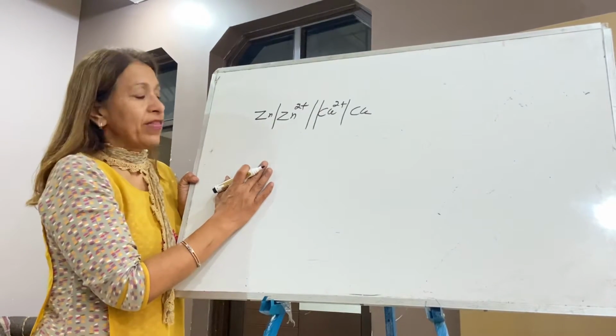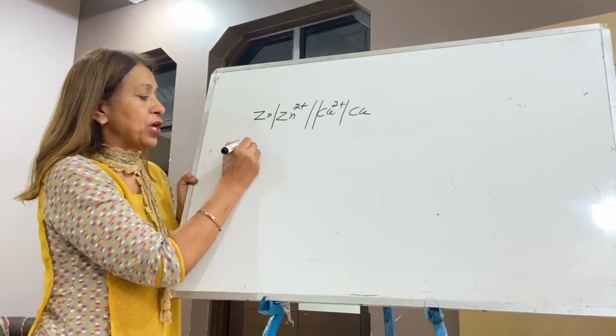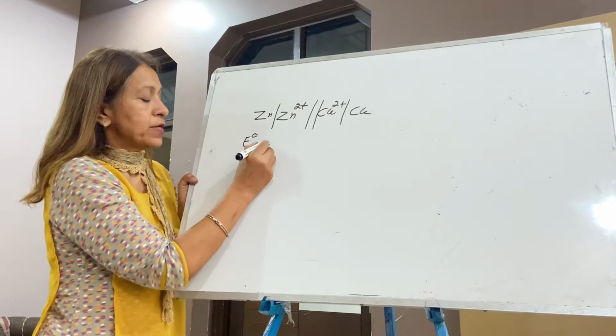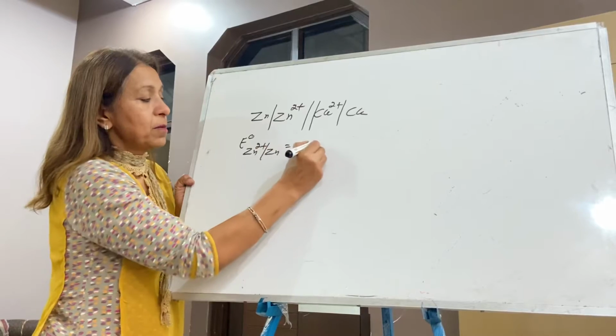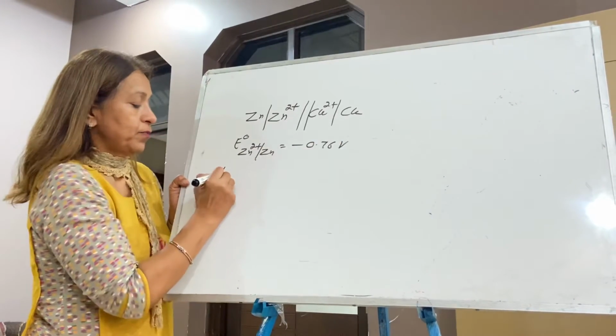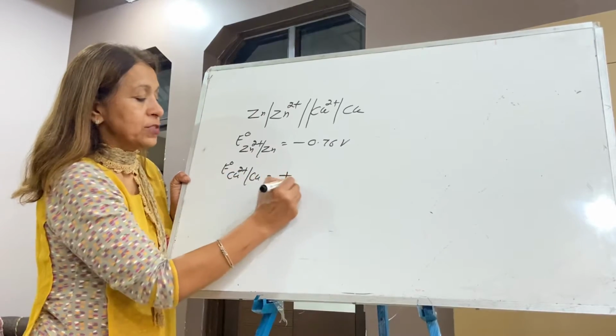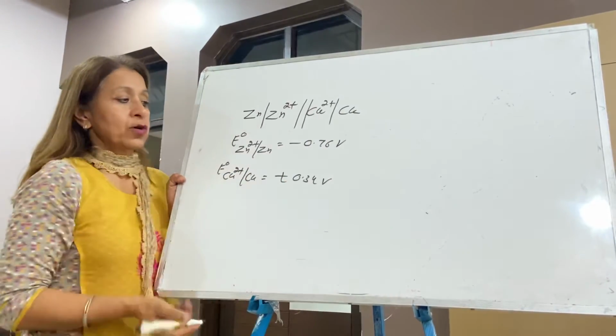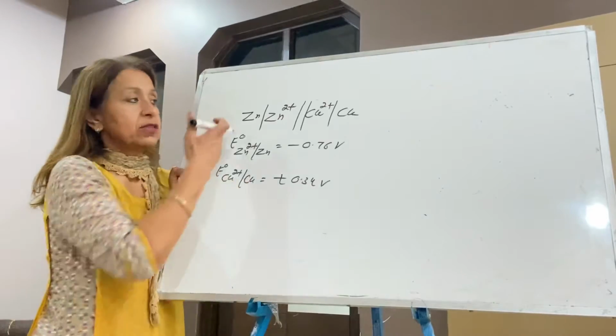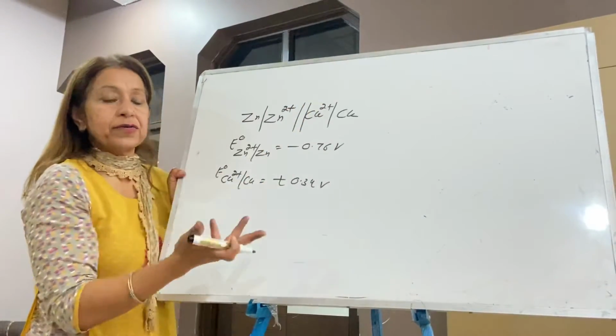E naughts are given. E naught of Zn2+/Zn is minus 0.76 volt. E naught of Cu2+/Cu is plus 0.34 volt.